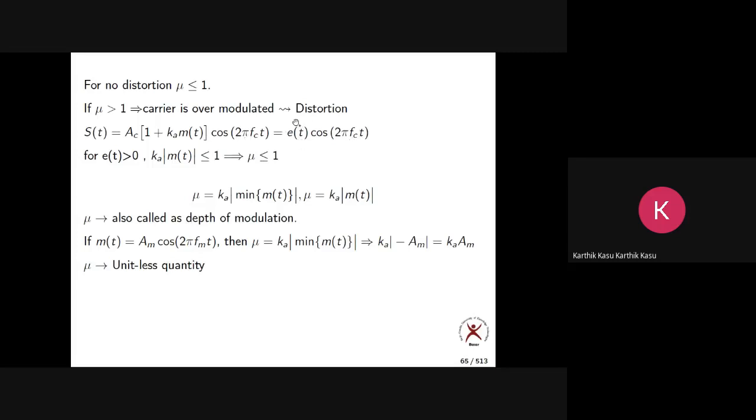What is Et? Envelope. So that equals AC into 1 plus Ka m of t. For Et to be positive, mod of Ka m of t must be less than or equal to 1. This implies mu must be less than or equal to 1. So mu equal to Ka mod m of t. That is enough, no need to write minimum maximum. Is it okay? This is the simple derivation.